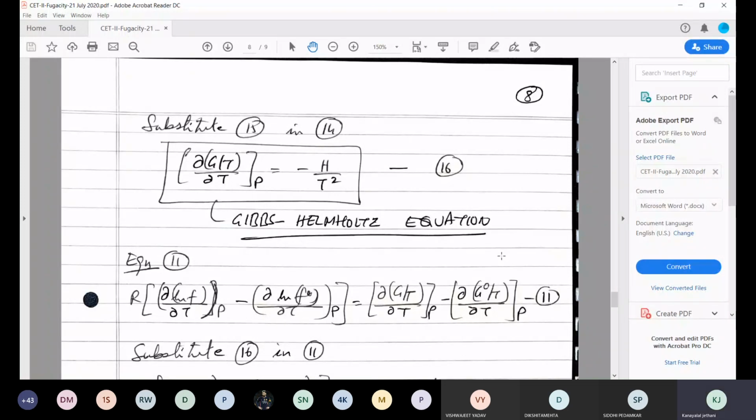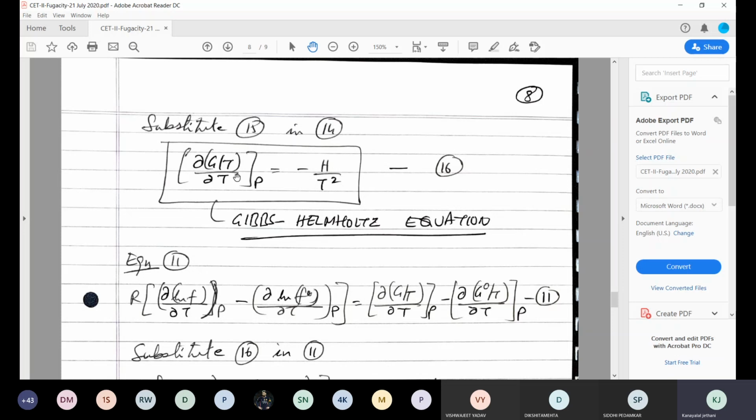This is similar to what we saw in chemical potential, right? यहाँ पर क्या था इक्वेशन, याद है किसी को? यहाँ पर था ∂(μi/T)/∂T is equal to minus H̄i by T square.